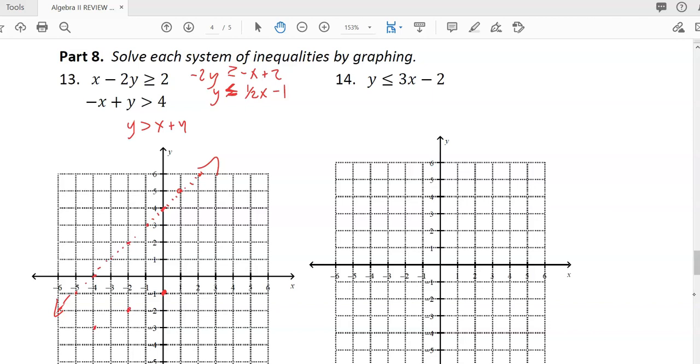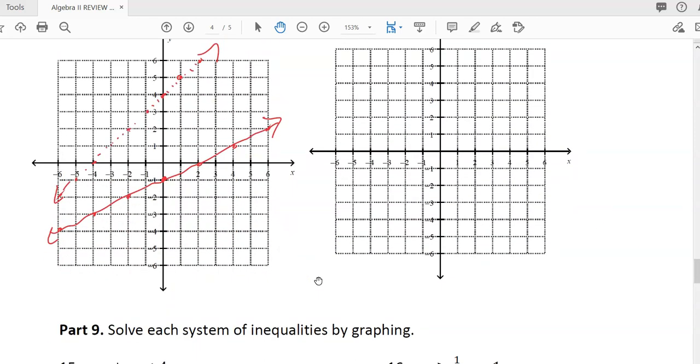Oh, wow, this one's weird. Okay. So this would be a solid line. And this is less than or equal to that line. So I'm below that line and I'm above the other line here.